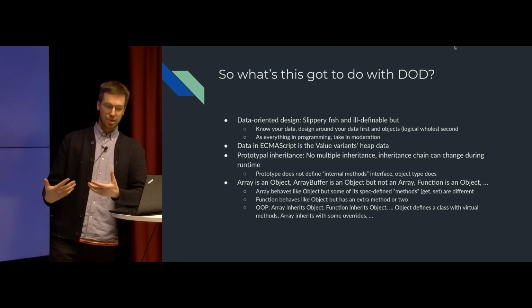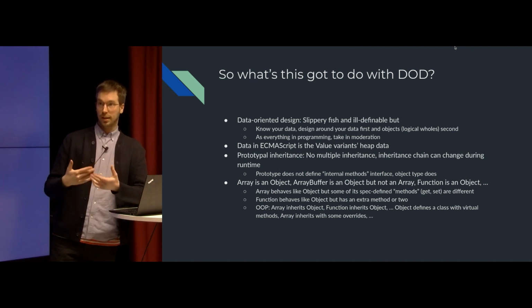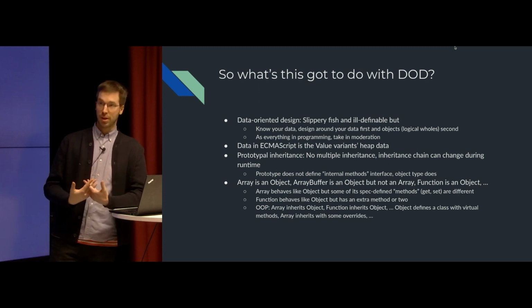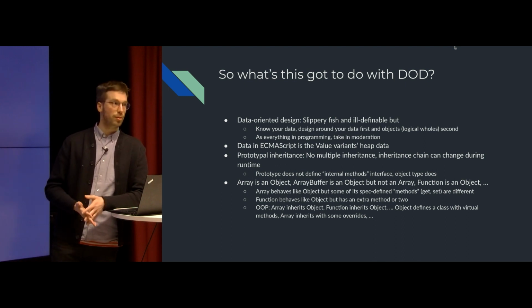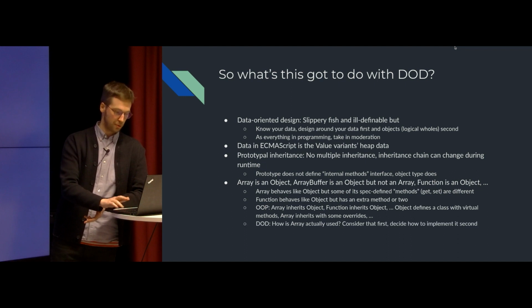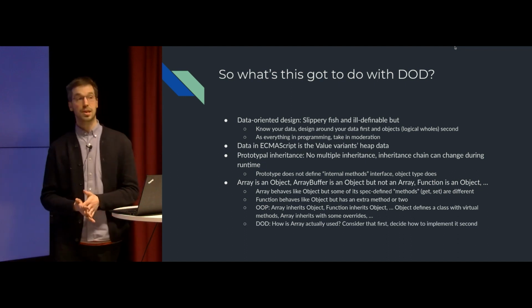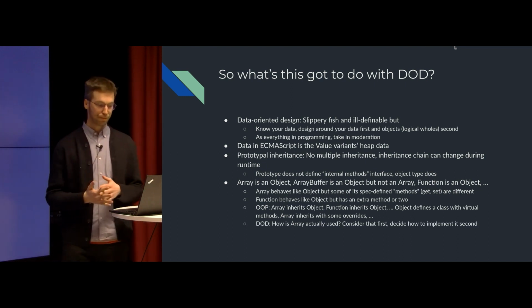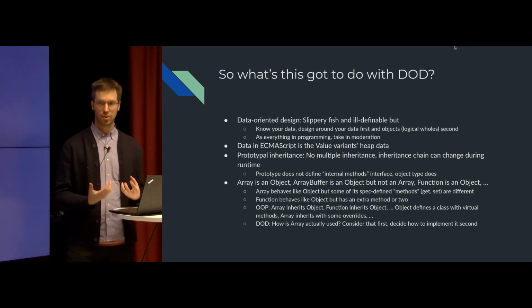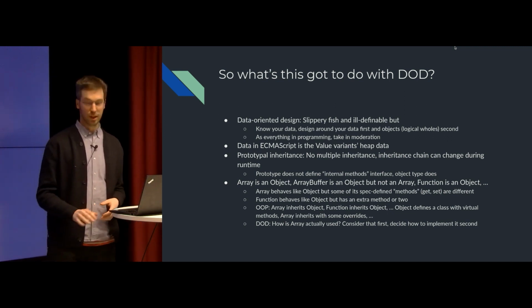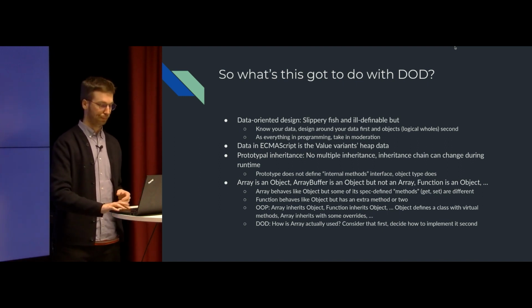Function inherits object as well, and then it just adds one or two more virtual methods, the call and construct methods. And this seems like a reasonable thing. Let's not do that. Let's instead think about how arrays are actually used. And we'll think about that first, then decide how to actually build this logical whole.